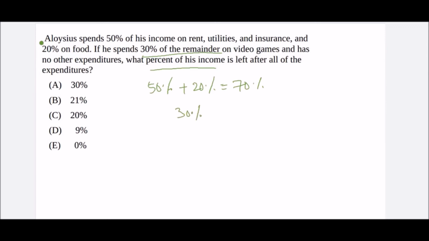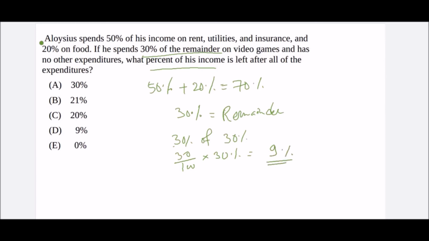And see the next sentence, if he spends 30% of the remainder, so 30% of the remainder, this is the remainder value. So 30% of the remainder means 30% of 30%, which becomes 9%.